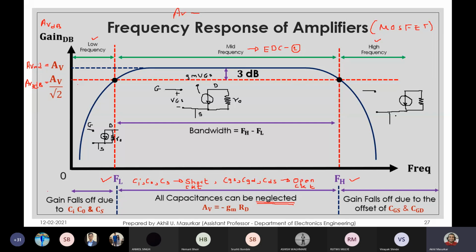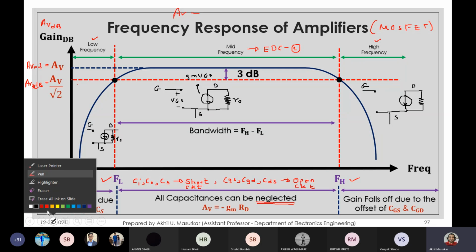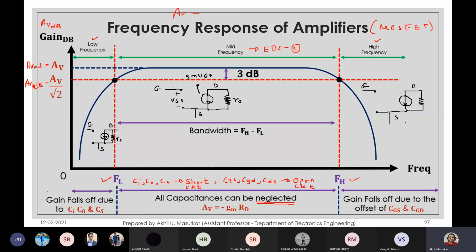So here we have source, again gate, drain, and in addition we now have two capacitances, CGD and CGS. Now you might feel that the low frequency and mid frequency models of the MOSFET are the same.